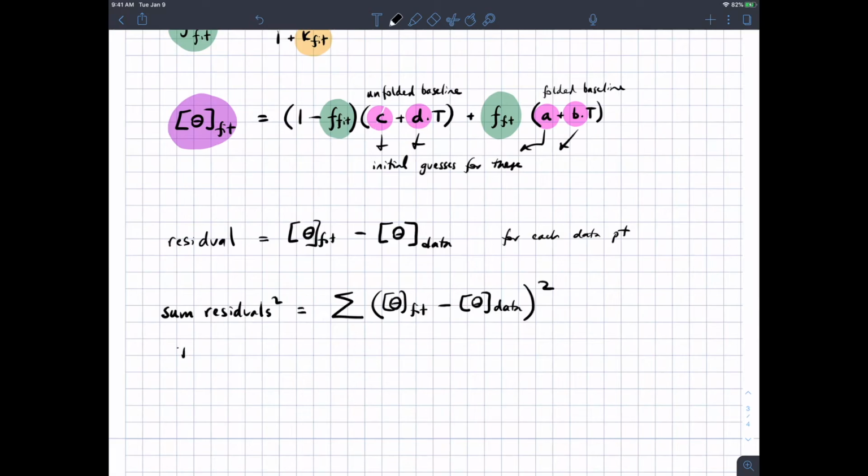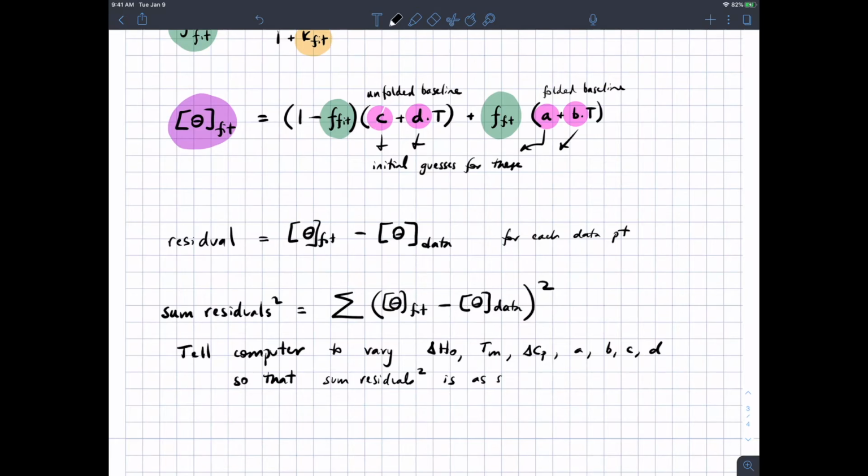And at this point, we're going to tell the computer to vary delta H, Tm, delta Cp, A, B, C, and D, so that the sum of the residuals squared is as small as possible.